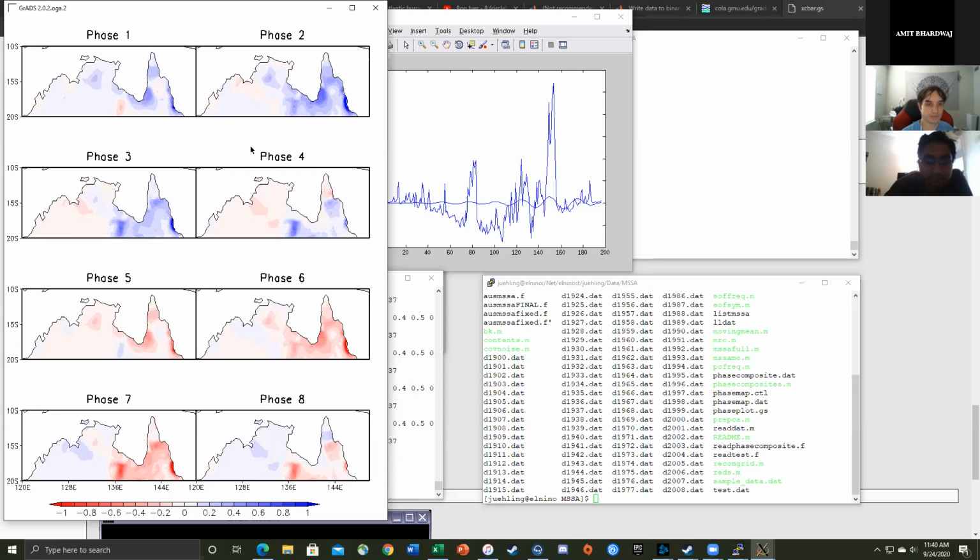Another question is about the second one. Year to year, these modes 3 and 4 are varying. So how do we select which mode to extract as a phase composite? For that, what I have done with the Indian monsoon is look into the characteristics of all the modes that are significant and oscillatory within this band.